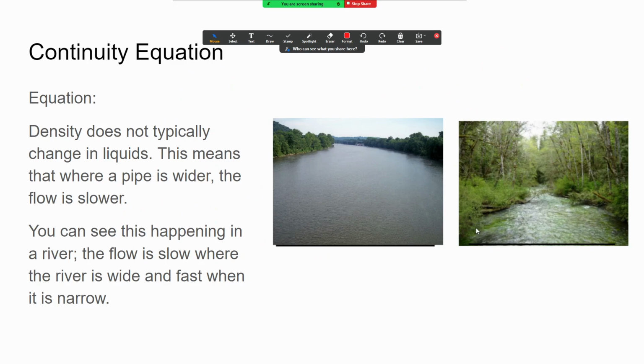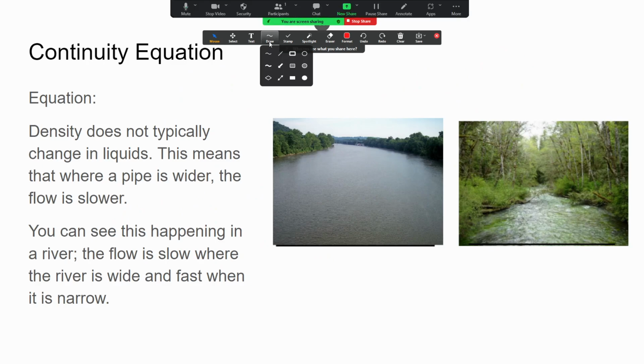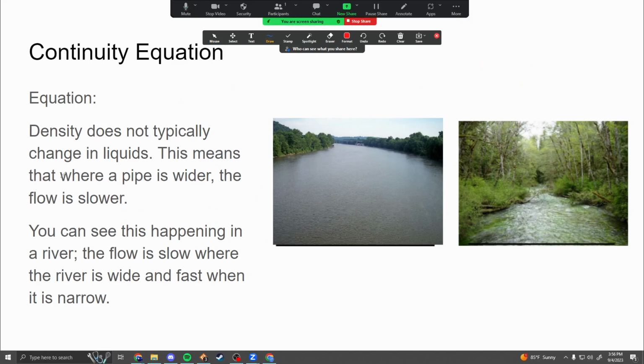So if we think about the continuity equation, once again, let me just write it down. For any fluid that is incompressible, density is obviously going to be the same. Density doesn't typically change in liquids. So that means where a pipe is wider, the flow is going to be slower.